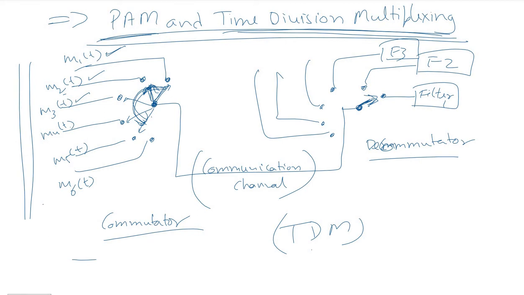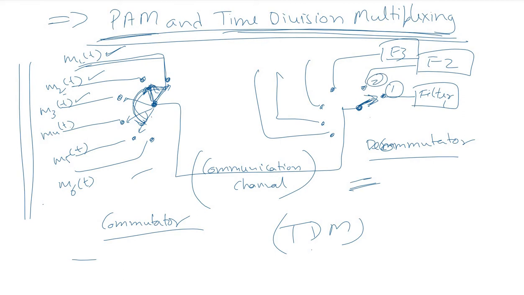Alright, and a reverse process takes place at the decommutator end, wherein again this rotary switch, both the transmitting and the receiver rotary switch, are synchronized. So the switches make contact simultaneously at similarly numbered contacts. Let's say this is M1T, so this is your first receiving branch for M1T.